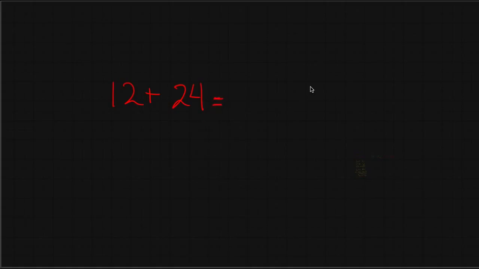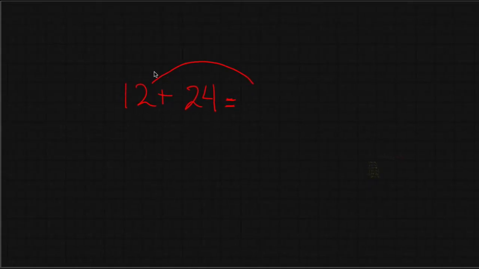I want to factor it and rewrite it. So I'm thinking the greatest common factor of 12 and 24 is, well, it's 12, isn't it? So let's just factor out 6. 12 might be confusing. So what I'm doing is I'm dividing by 6, and I'm dividing this number by 6. And let's see what we get.